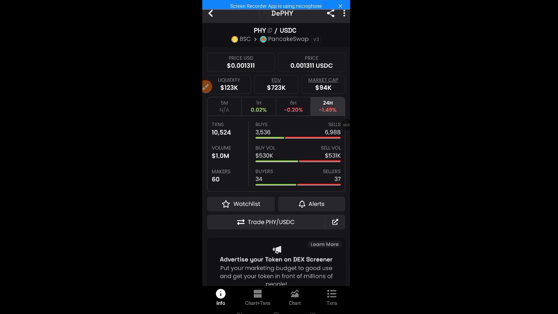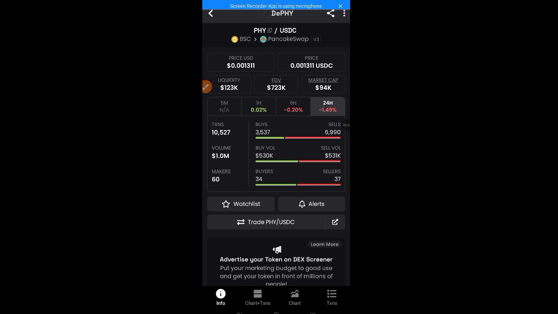Probably it could mean that the dev of this token has pumped in some liquidity for this token to be more tradable, and sometimes you don't know for what reasons. And we just have to look at the buys. The buys are 3,537, but the buyers are just 34. So it means probably the same wallet is just repeating the cycle, and that's the second thing I wanted to mention.